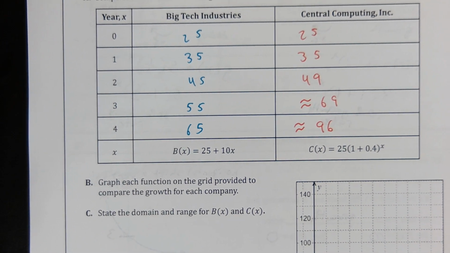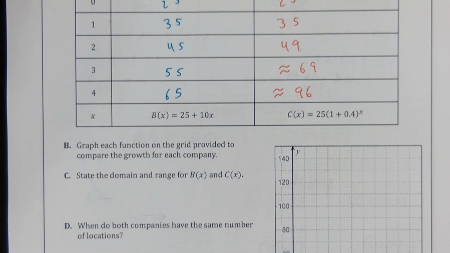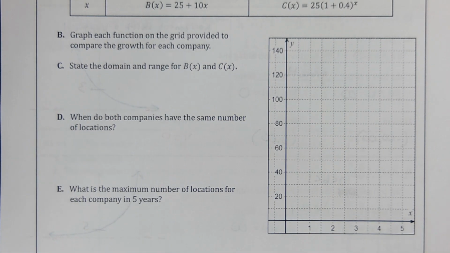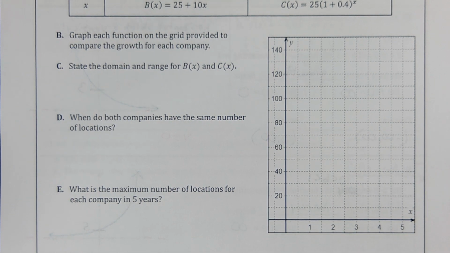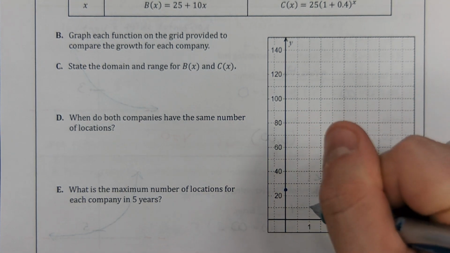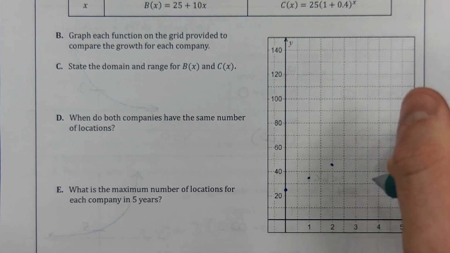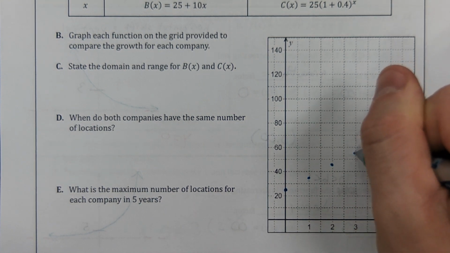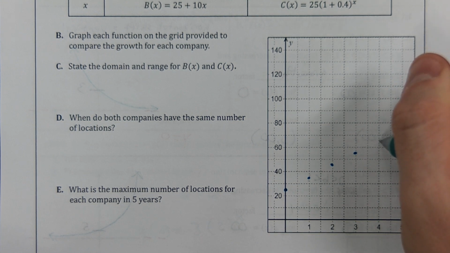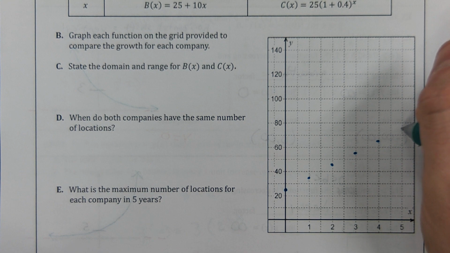Part B says to graph them. Be really careful on this one. Your x's, for some reason, go by 0.5s. Yeah, I almost messed that up the first time I was graphing it. So we start at 0, 25. Then we go 1, 35, 2, 45, 3, 55, 4, 65, and 5 would go all the way up to 75.